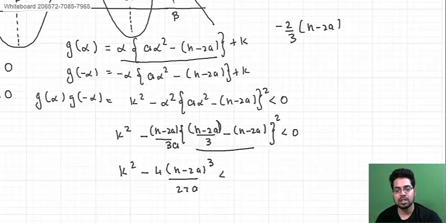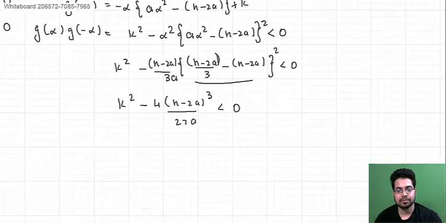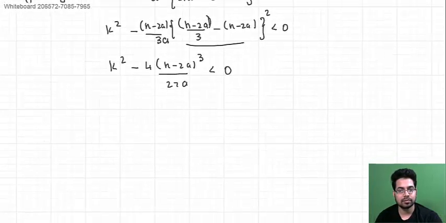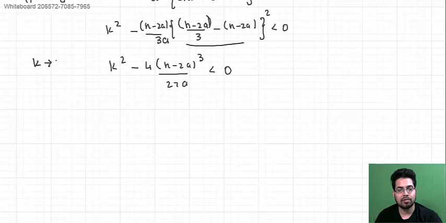And this is less than 0. So basically, if I replace k with y and h with x, I will get y square.